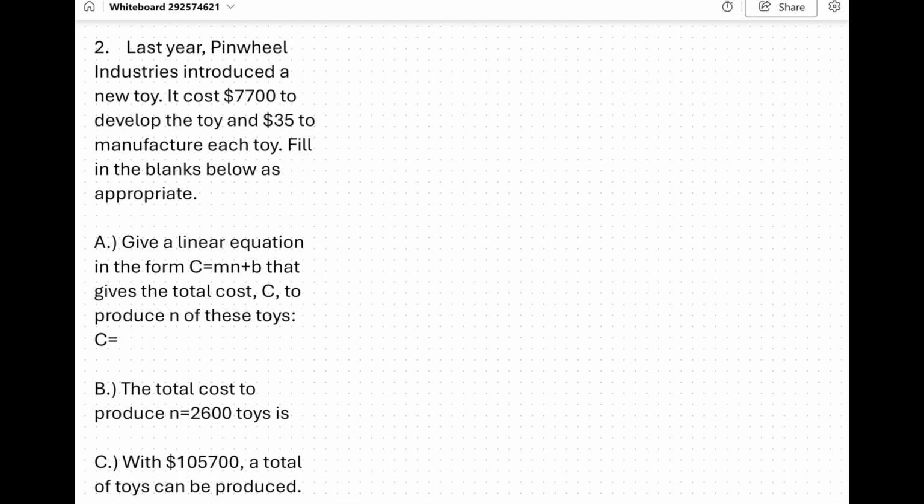It cost $7,700 to develop the toy and $35 to manufacture each toy. So this here I would like to read as $35 per toy. So $35 per toy. Keep in mind that if you can apply the word per, that's likely your slope or your m.